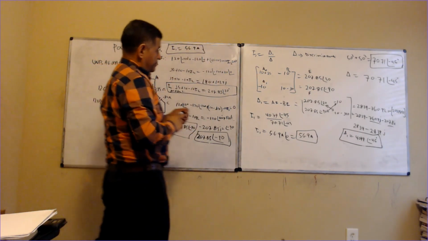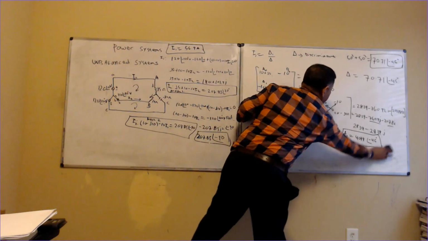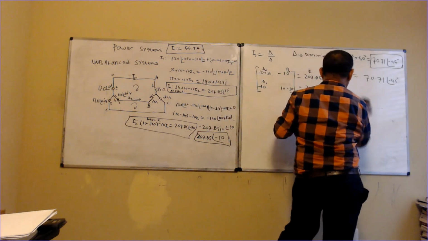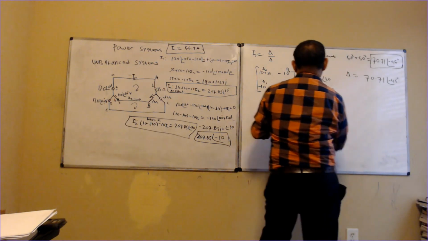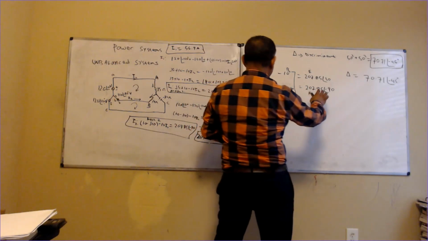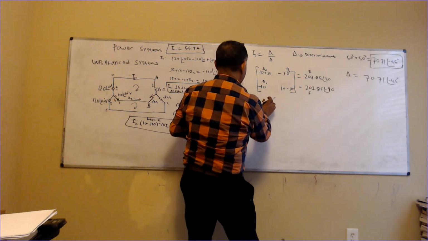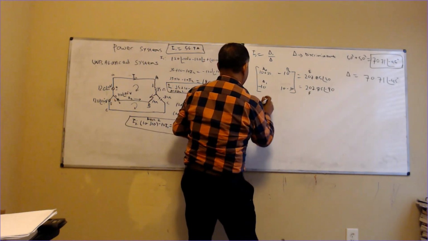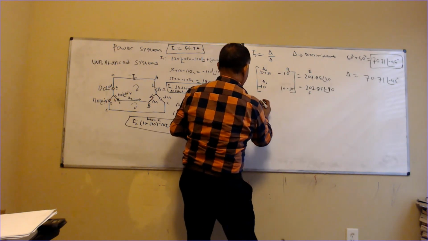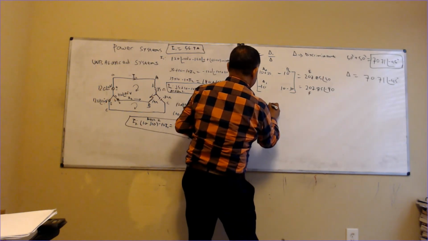That's I1. Let's do I2. So for I2, we're replacing this guy right here. So it's going to be 10 plus 5j, right?